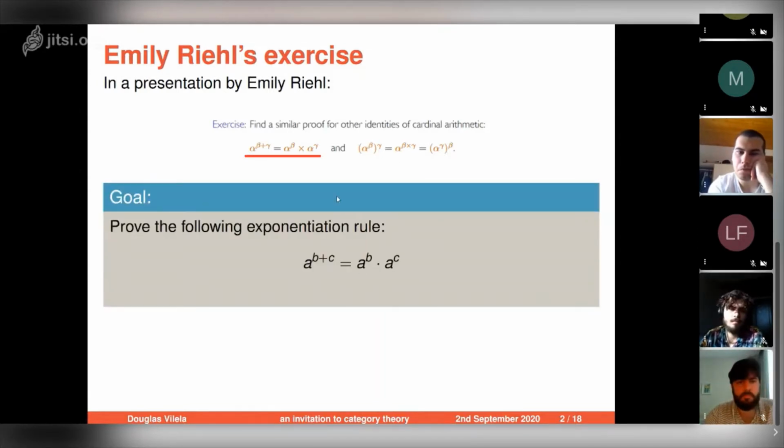So our goal here is to prove the following exponentiation rule: a to the power of b plus c equals a to the power of b, times a to the power of c. And to do that, we'll go into some of the ideas of category theory.